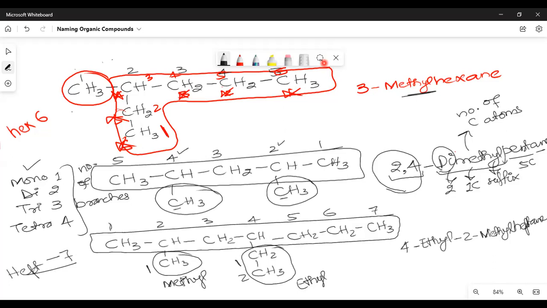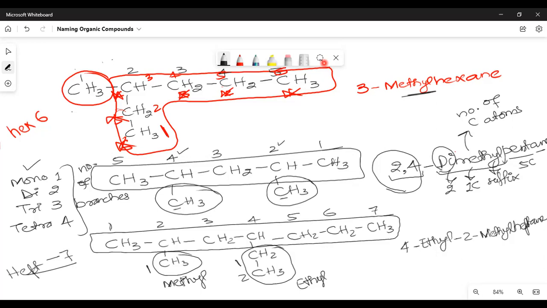Yeah. Can you repeat the part where you name it methylheptane? Okay, so actually 2 represents this carbon atom which is connected to another branch. This branch has one carbon atom, so methyl is the name for the branch. Now we have the parent chain name left.